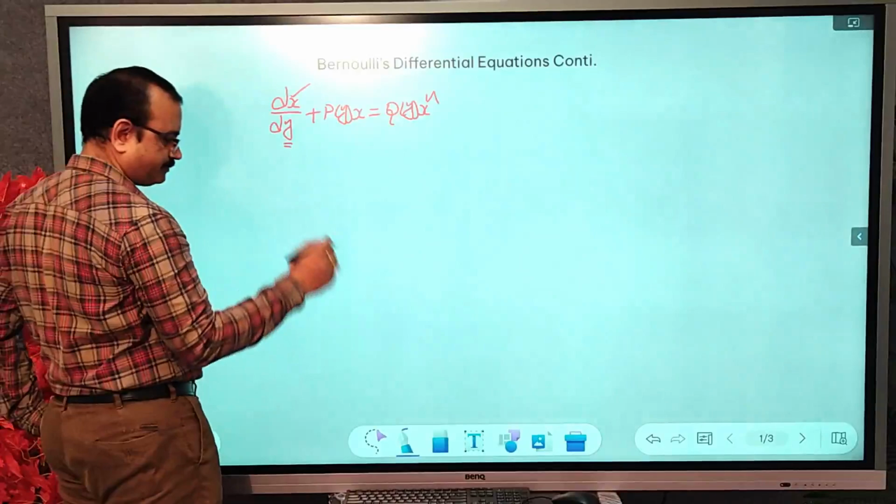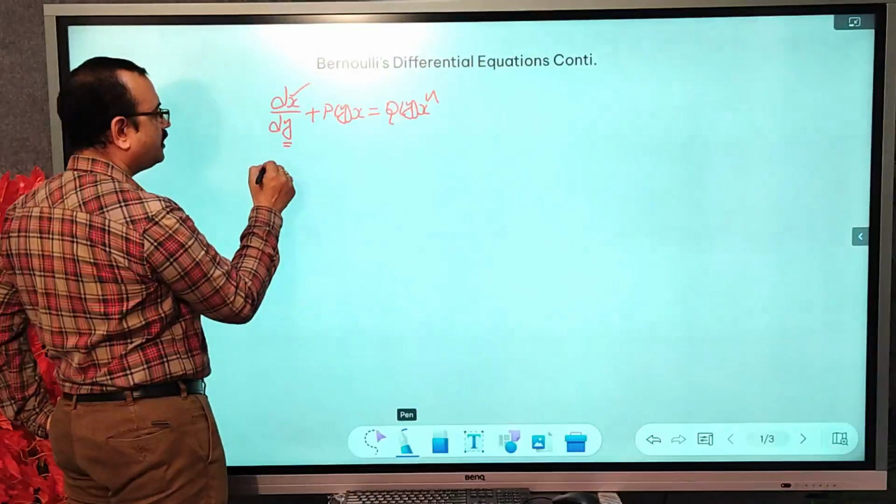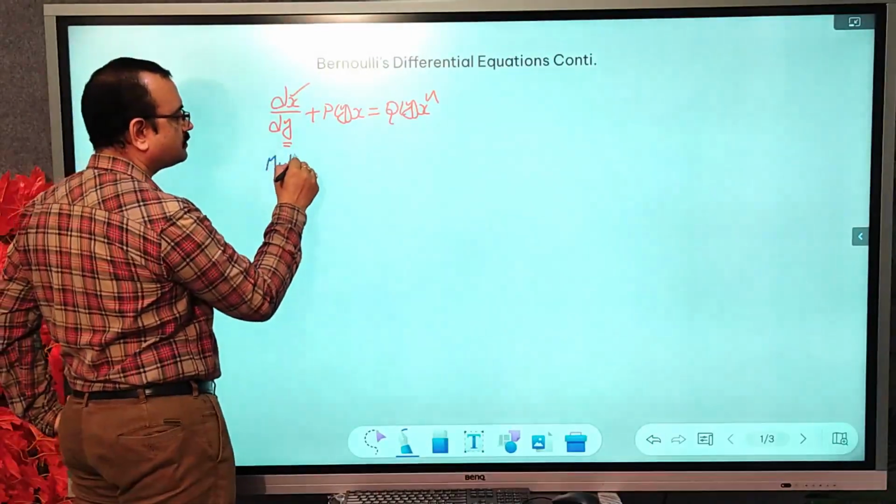So first of all, multiply with 1 by x power n on both sides.